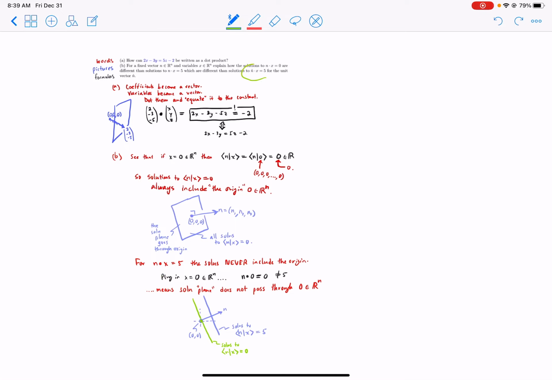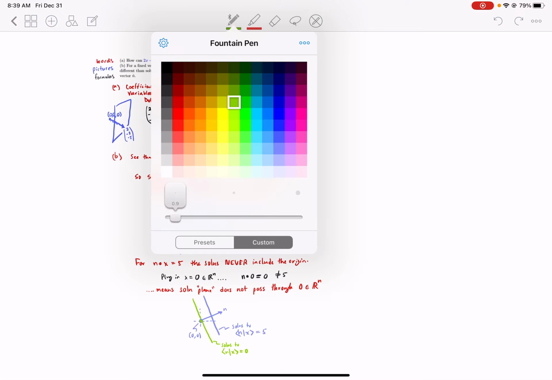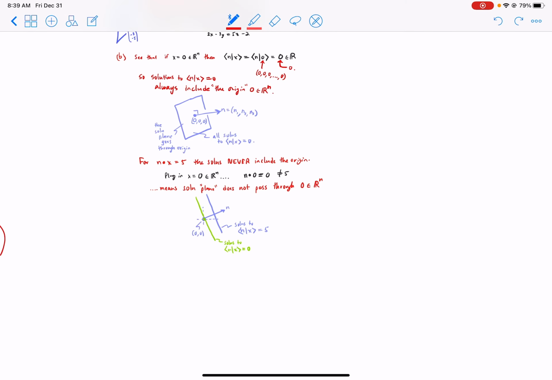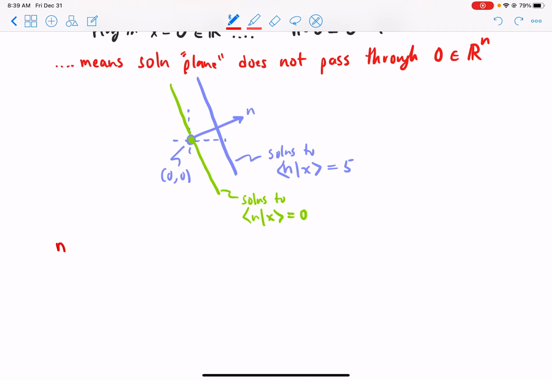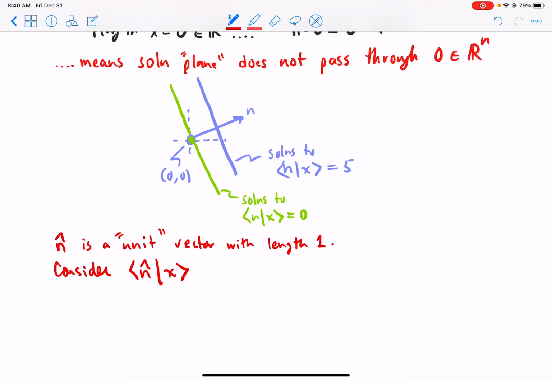And finally, the last one, n hat dot x. N hat is a unit vector. That means it has length 1. Now, if the question asks us to consider the equation n hat dot x equals 5, and here's the key.